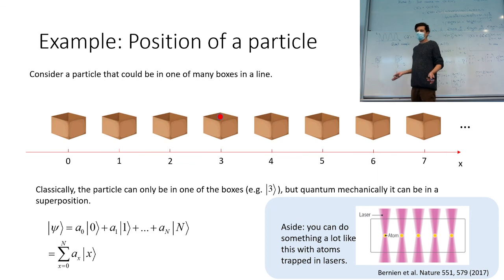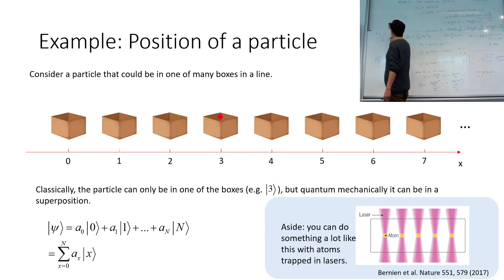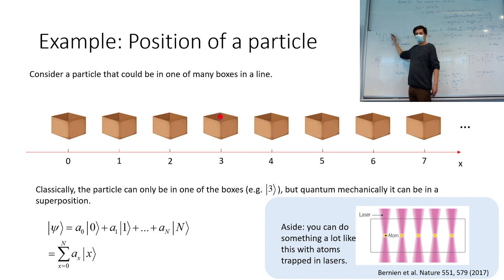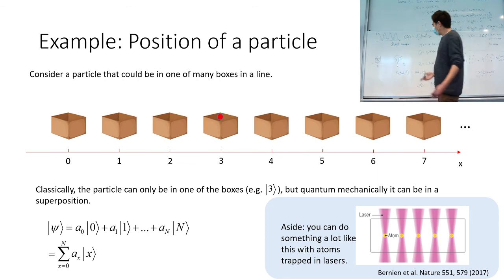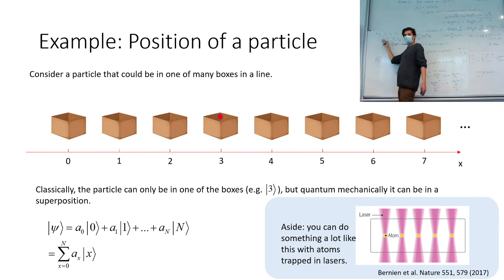And then say now you cool the atom down so that the energy that the atom has is only around about here. Then basically you exclude the atom from being in these other places in between these lasers. So it has to be here or here or here. And then quantum mechanically, it becomes possible that it's in some superposition of these states.